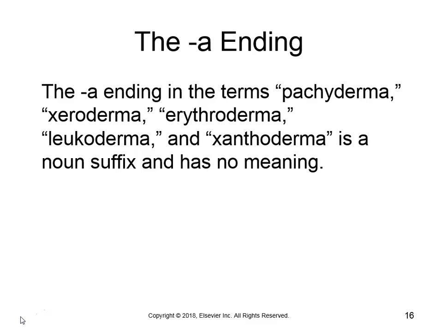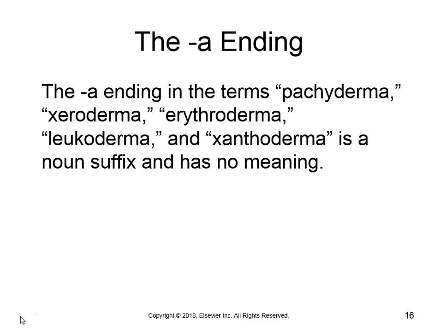A final note before we move on, like I mentioned, the suffix a changes something into a noun, but it doesn't have a meaning in and of itself. So if I said pachydermia, then that would mean harder skin. If I said xeroderma, then that would mean dry skin. I could also say erythroderma. If we remember back to the last unit, erythro is a color.